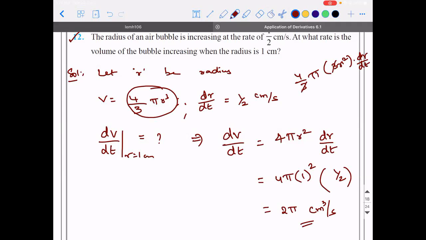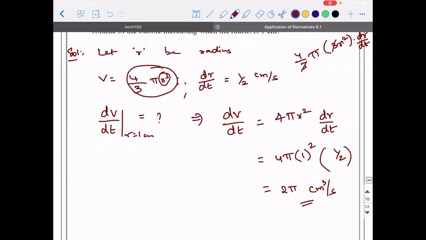I have a doubt. Is it possible to get the same answer if we substitute r equal to 1 in that formula, sir, 4 by 3 pi r cube? No, you should not do it. Maybe even if you get the answer, I don't want to misguide you, because that is technically wrong. It's a mathematical absurdity. You want to substitute r is equal to 1 here, am I right?